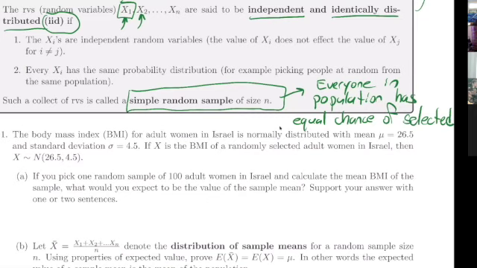So I want to start by thinking about this example where X is the distribution of female BMI in Israel, which is normal. We have a mean of 26.5 with a standard deviation of 4.5. So this tells us what the population looks like.